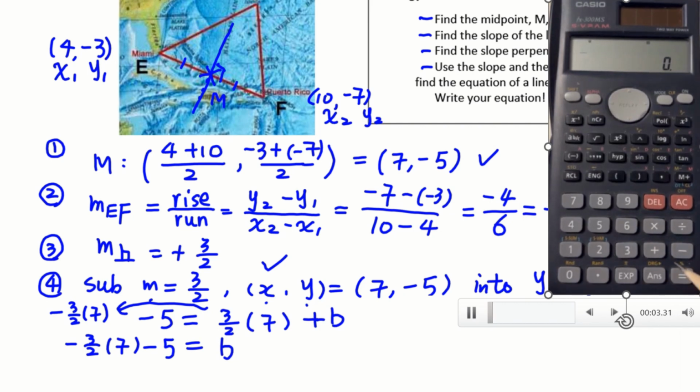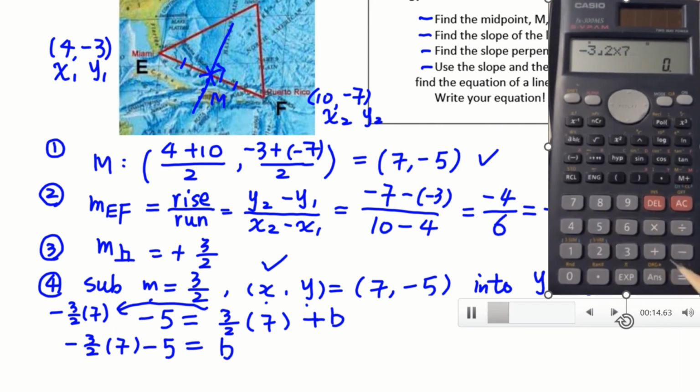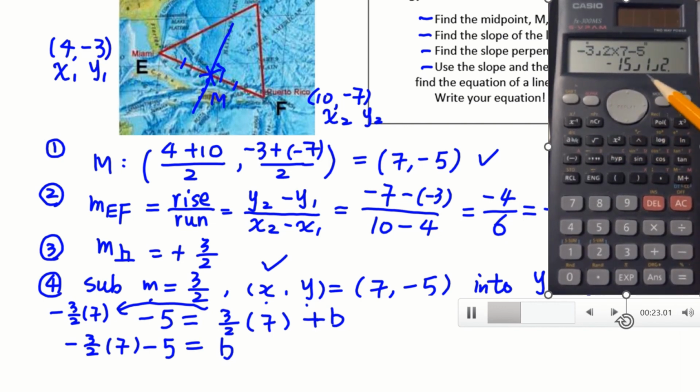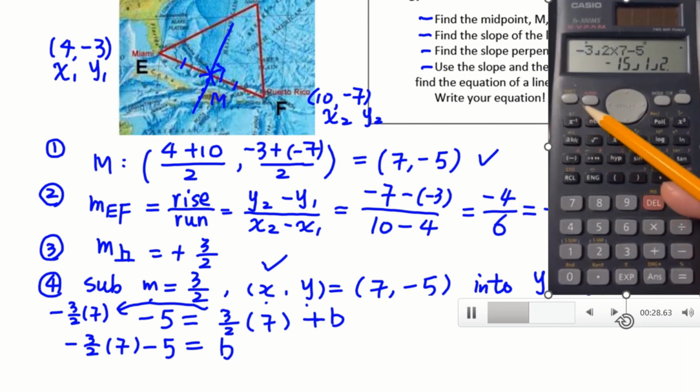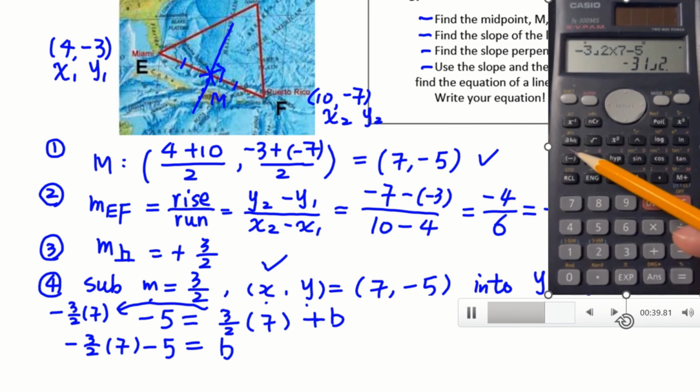So here we are going to type in negative 3, fraction button, 2, times 7, minus 5, then press the equal sign. You will see it's negative 15 and a half, then you are going to press shift and the fraction button again. It gives you negative 31 over 2. So use this fraction button on your calculator.